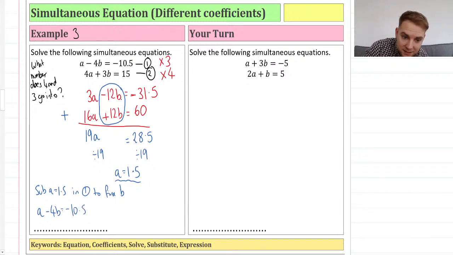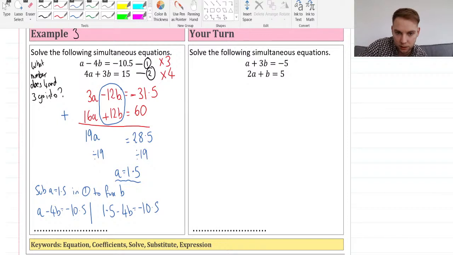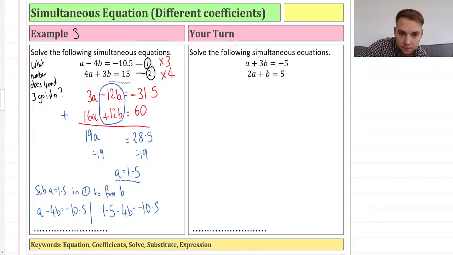So I've got to sub this back in. So it's going to be 1.5 minus 4B is equal to minus 10.5. Now let's make everything a little bit smaller, just so I've got enough space.